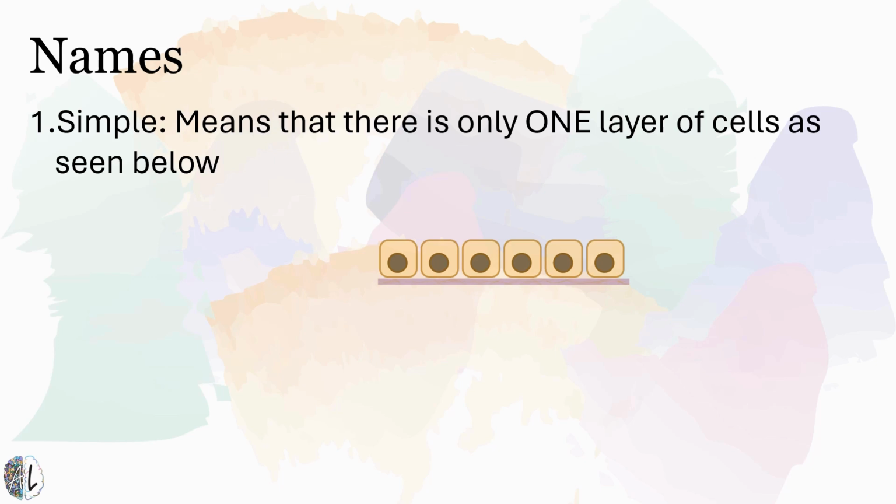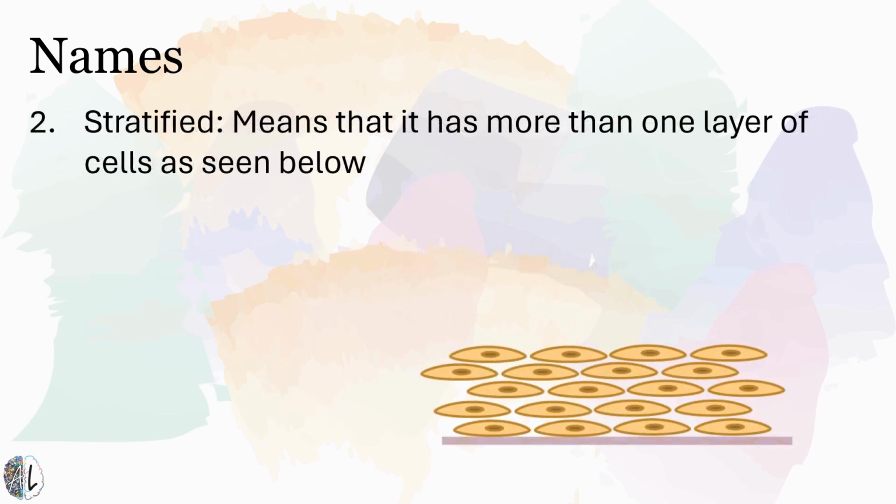So if you see the word simple, it should automatically say there is only one single layer of cells. The second potential term is the term stratified. So if you see stratified plus one of the shape names, we'll talk about what that means. But stratified refers to the fact that there is more than one layer of cells. So anything 2 plus would be a stratified type tissue.